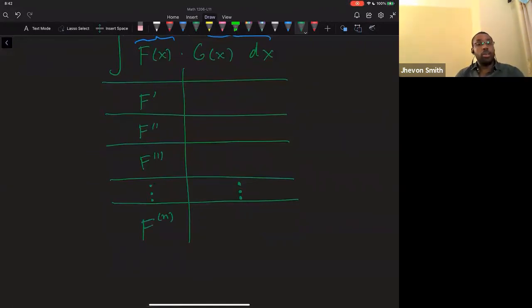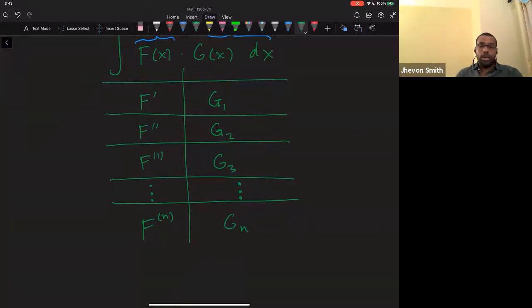Now you might wonder, how long do I have to keep going for? But we'll get to that. And then for the G, you're going to keep integrating. So I'm going to have the first integral, the second integral, the third integral, and then I'm going to end up integrating n times here.